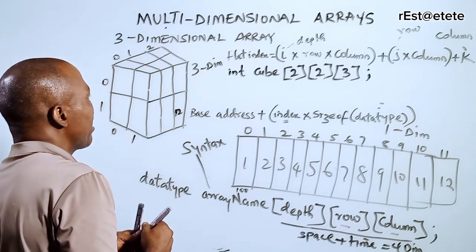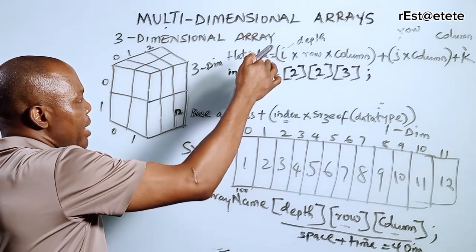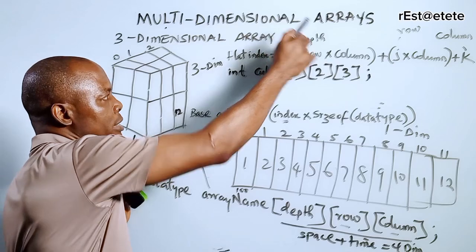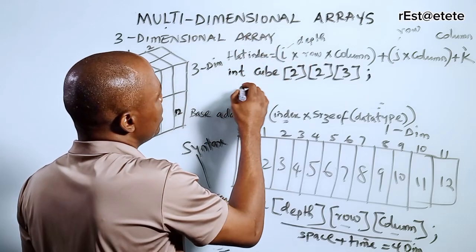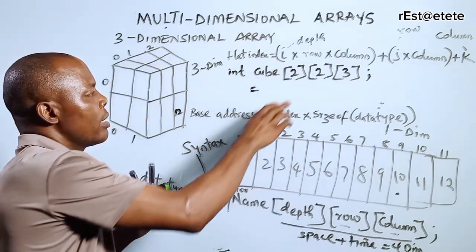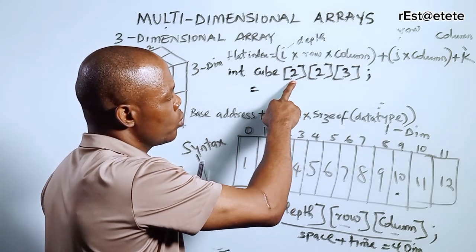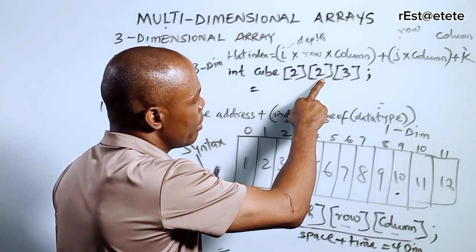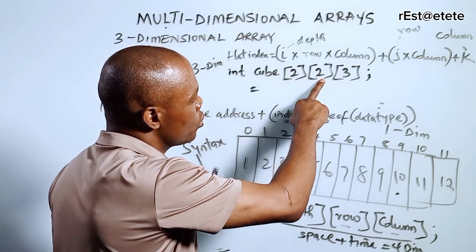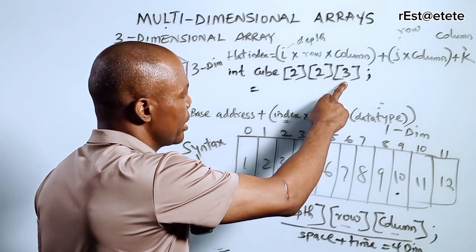I is the depth, so this is the size: depth 2, row 2, column 3.